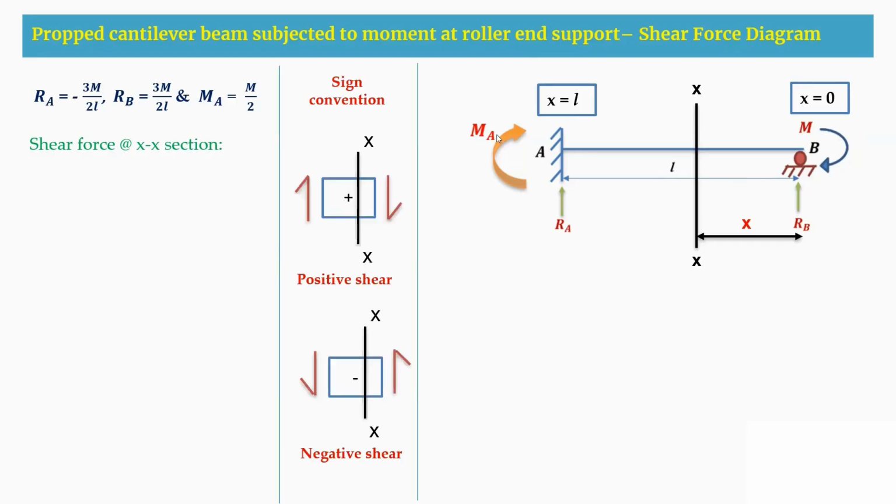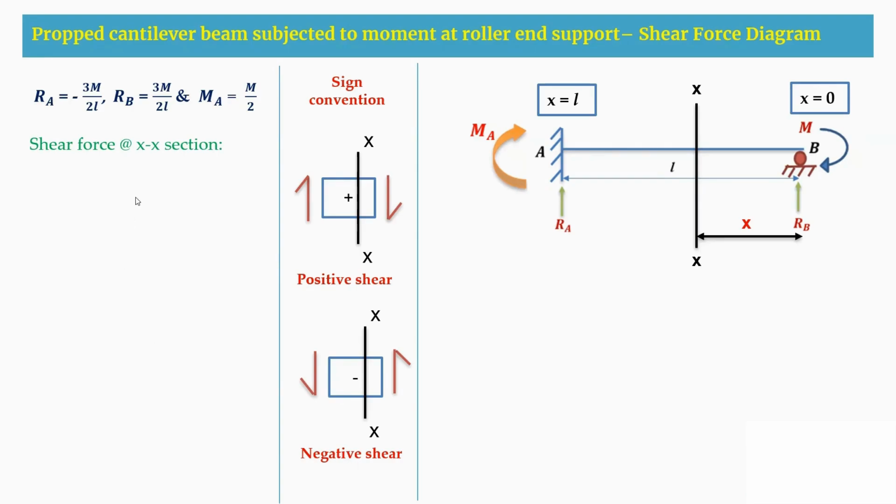Before going to that, let's see the sign convention for shear force. When we cut a section, if the shear force towards the section is acting in the clockwise direction, we consider it positive shear. When the shear force towards the section is in the anti-clockwise direction, it is a negative shear.